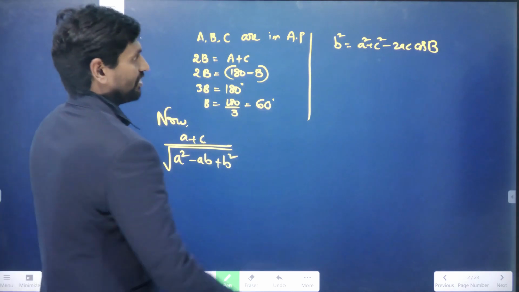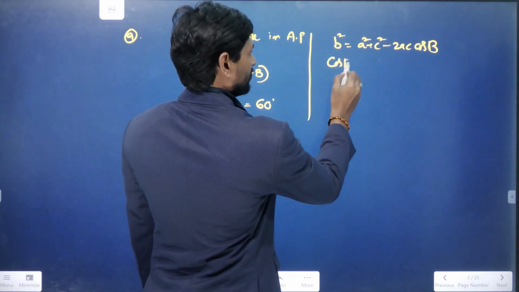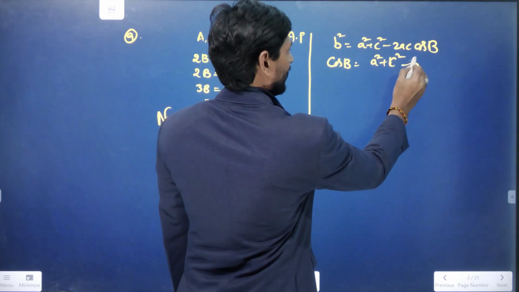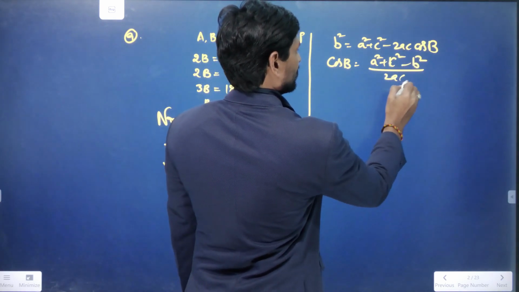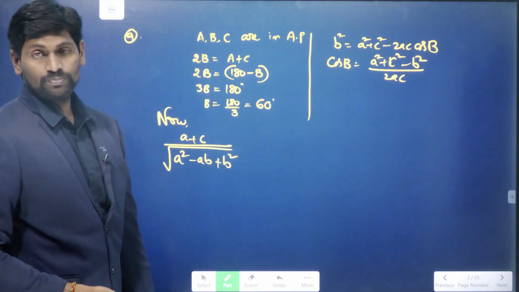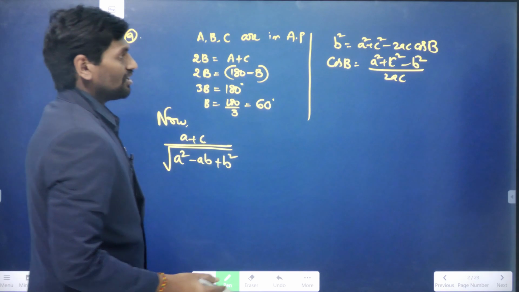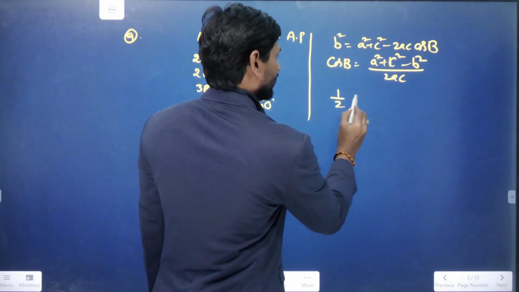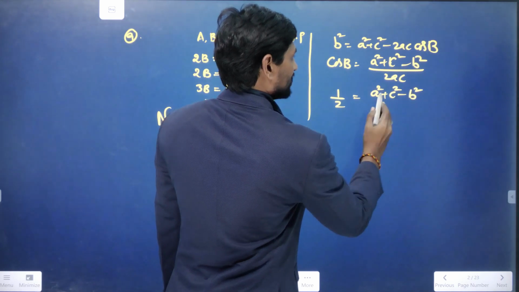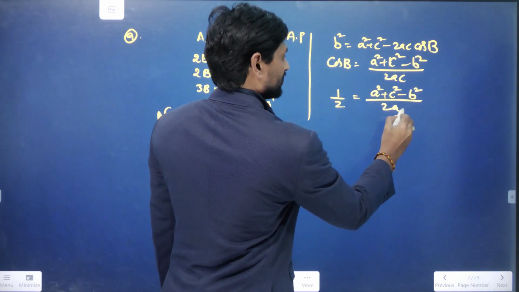Or we can write this as cos B equals a square plus c square minus b square by 2ac. I am just taking this formula because I know that B is 60 degrees, and cos 60 degrees value is 1 by 2, that equals a square plus c square minus b square by 2ac.